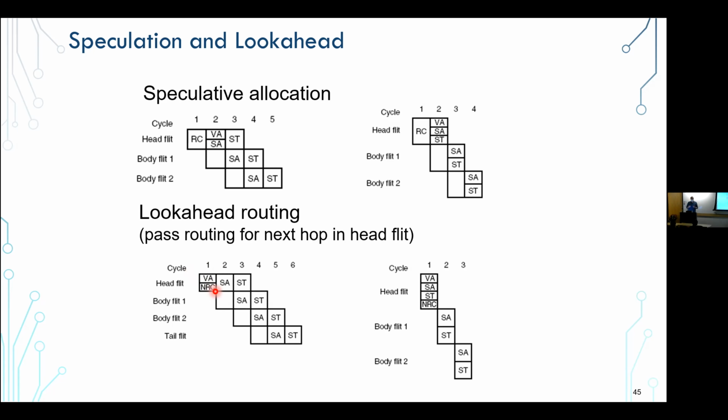You're kind of paying it forward, so to speak. So that's a strategy for how, for the head flit, you can pack everything in a single cycle. It's a very aggressive way of doing it, but it's possible if you have cooperation across the whole network, where your upstream switch is doing the route computation for you, and then you're doing it for the downstream switch.